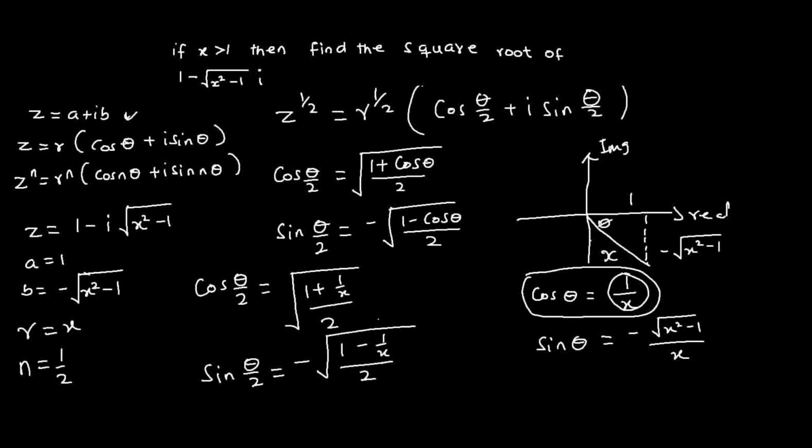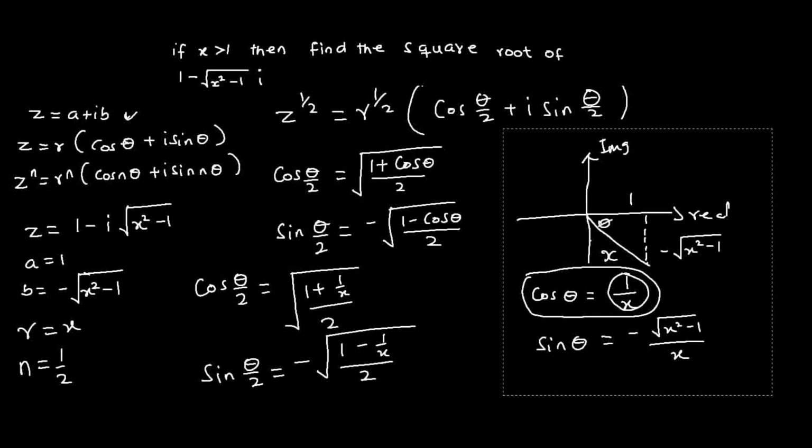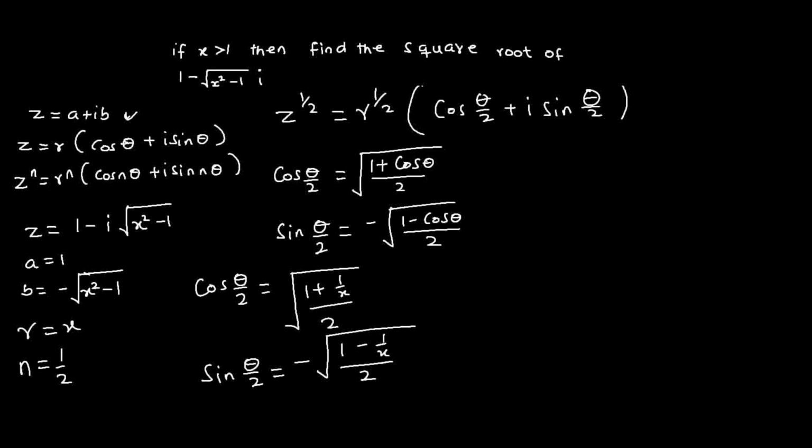Now you are going to simplify the values you have in the square root sign. So let's go ahead and do that. We are taking 1 plus 1 over x. Let's see the value of that. I'm going to multiply the denominator, which is this 1, times this x, and that'll give me x.